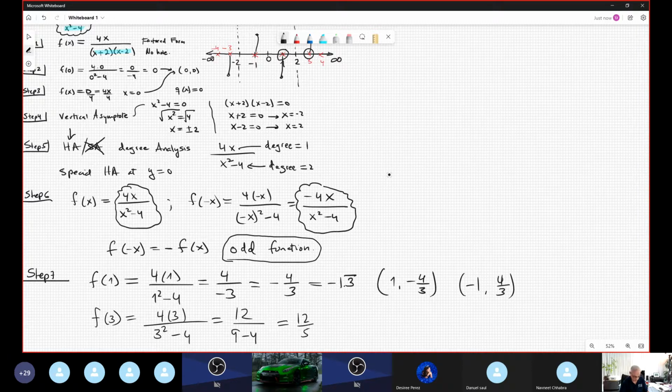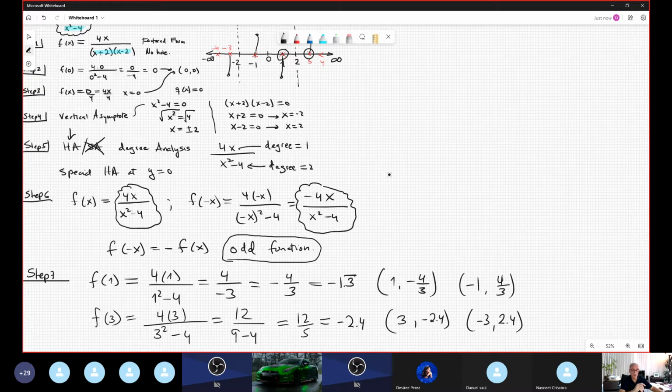In decimal approximation, it's 2.4, so the value is negative 2.4 at 3. You can put the decimal or the fraction, either way. For example, the point 3 comma negative 2.4 and negative 3 comma positive 2.4. I write in decimal, but you can put 12 over 5.